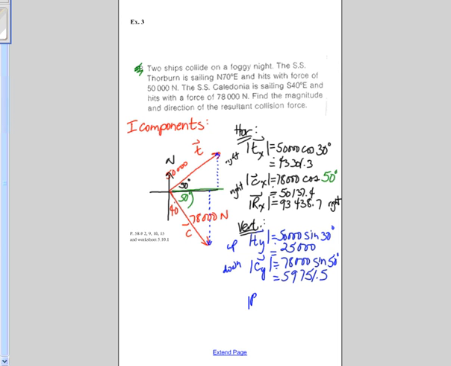So the resultant we will get from subtracting. The downward force is larger, 59,751 take away 25,000 is 34,751.5, down.